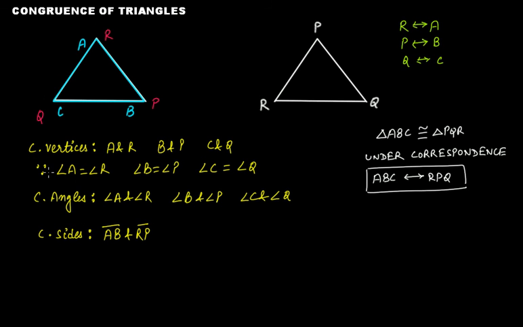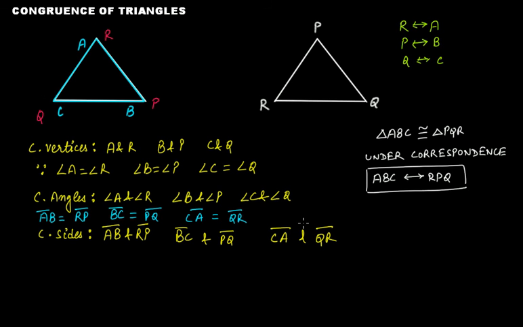So side AB will be equal to side RP, side BC will be equal to side PQ, and side CA will be equal to side QR.